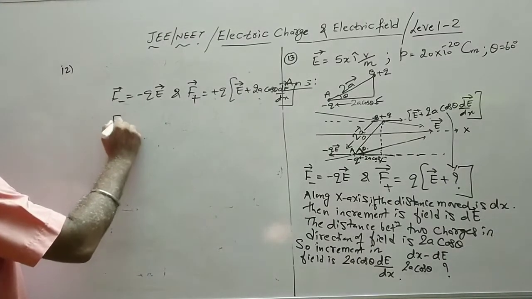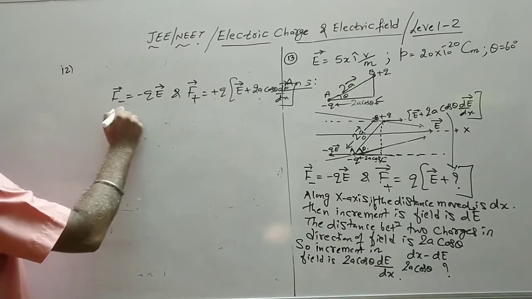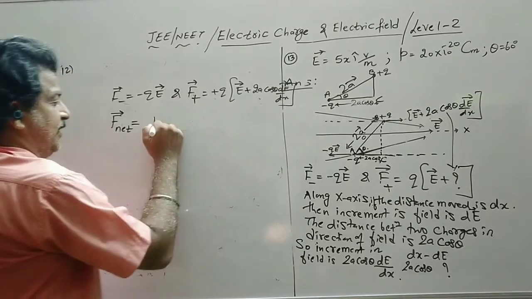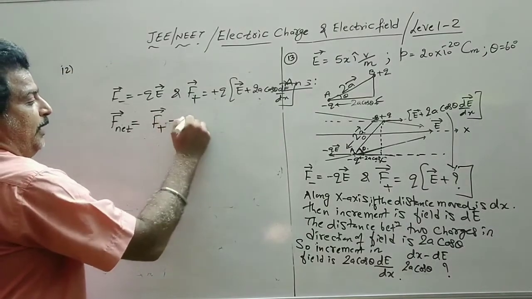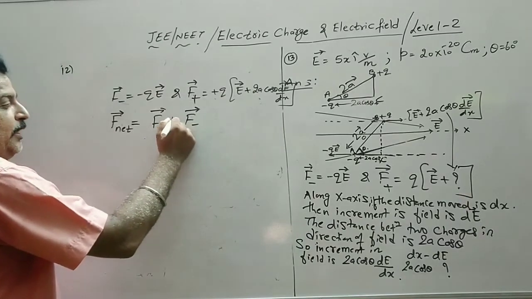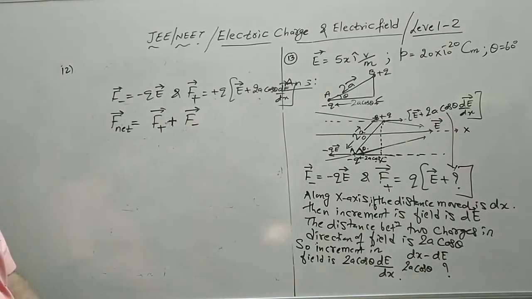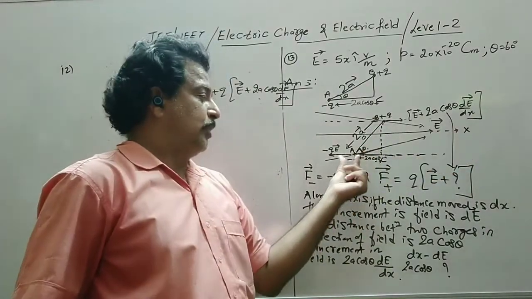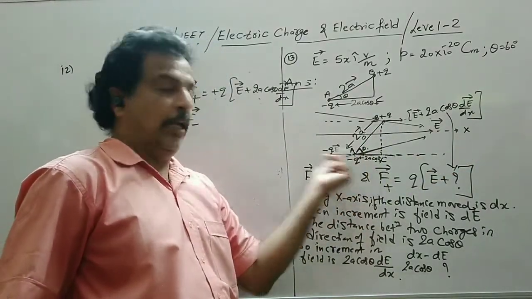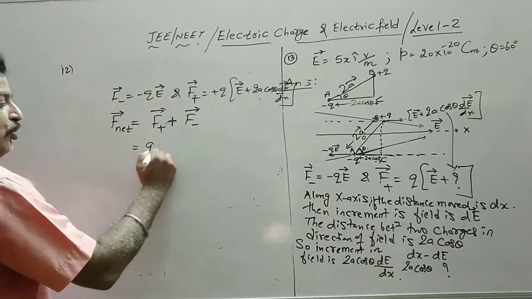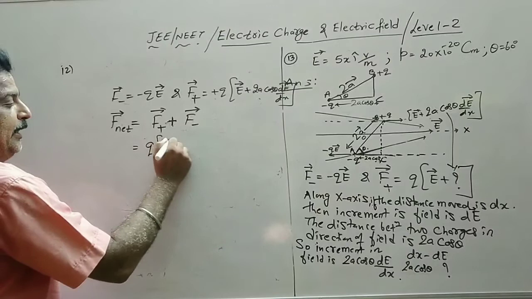Now resultant force F net. So F net can be written as F plus minus F minus. So if I write in vector form, it is a summation, but it will be replaced by a minus sign. So this force is along the x-axis. The force acting on the negative charge is along the negative x-axis. So this can be written as Q E plus something.